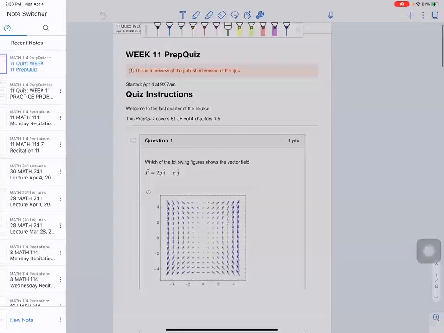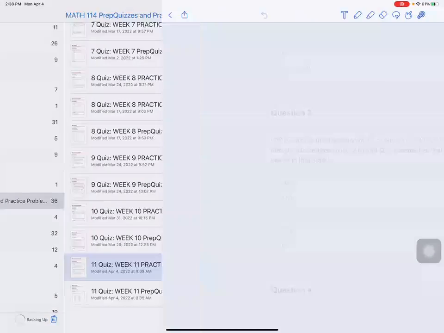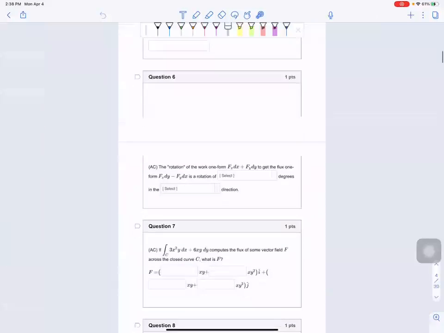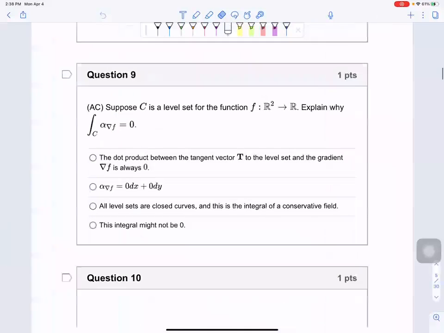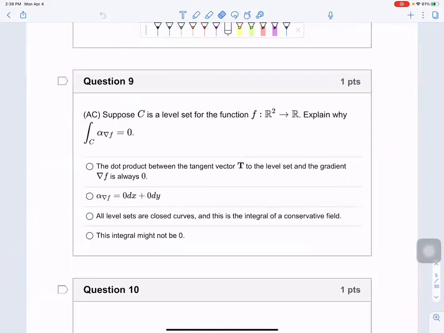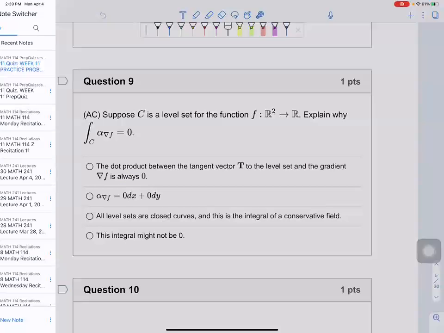Okay, never mind. If it's a level set, then the one form is 0. So it has to do with the tangent vector and your gradient. Your tangent vector to this level set dotted with the gradient is always going to be 0.